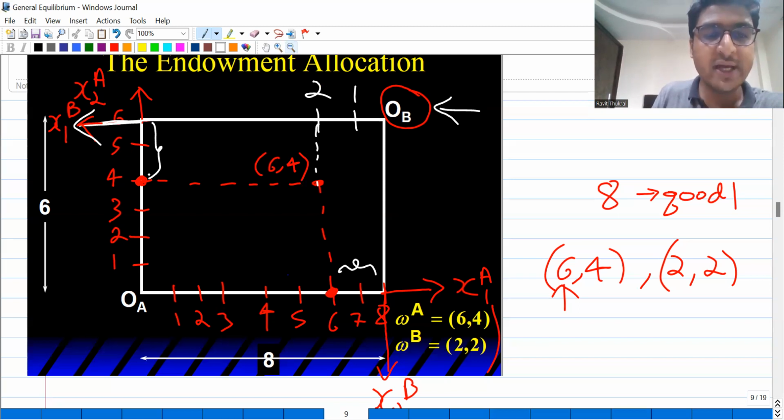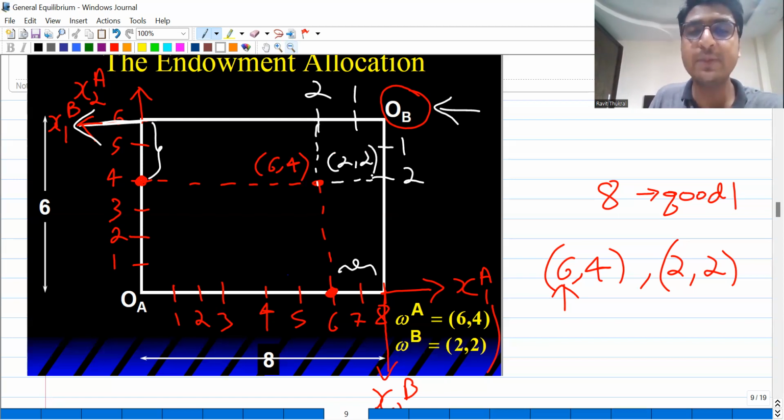Okay, 4 units गई individual A के पास, so we are left with 2 units for individual B. So this is 2,2 from individual B's point of view. Okay, so that's how you can locate any bundle in this box.